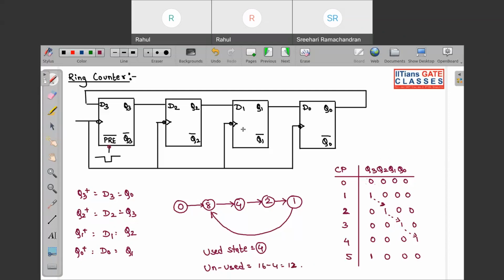If you want to generalize this, an n-bit ring counter will have n used states, or n flip-flops. If you construct a ring counter using n flip-flops, your used states will be n, and unused states will be 2 to the power n minus n. Unused states are all those states which we are not using in the ring counter.